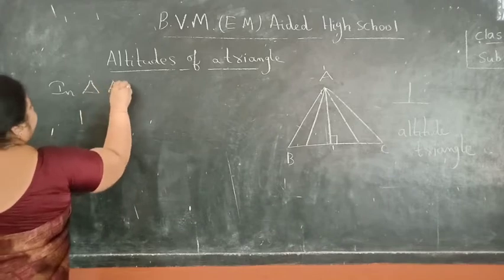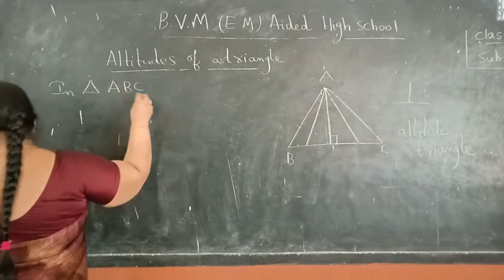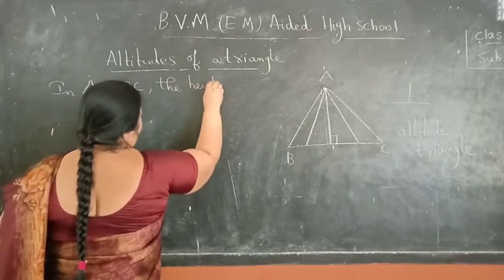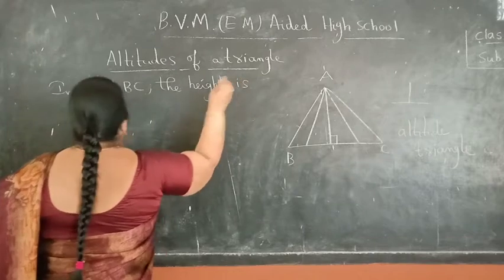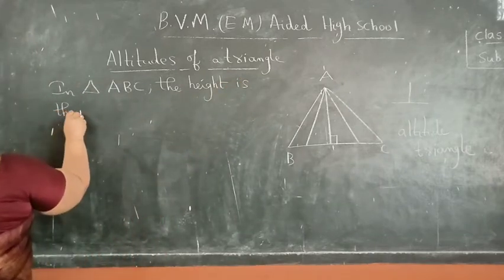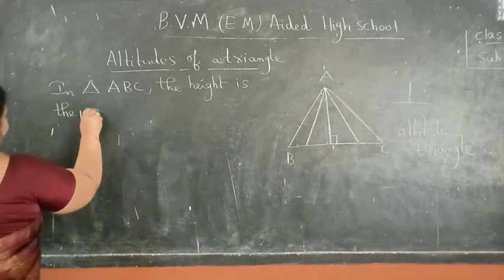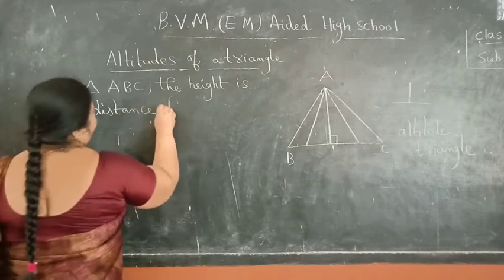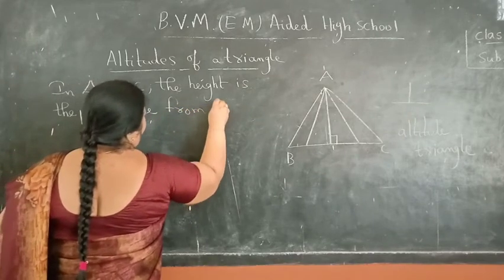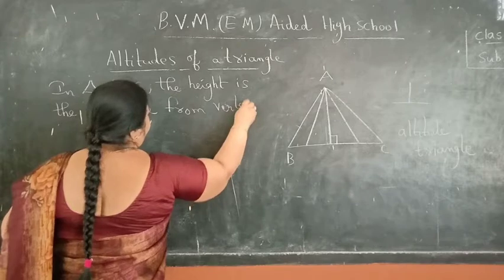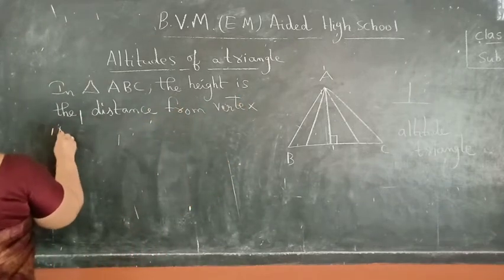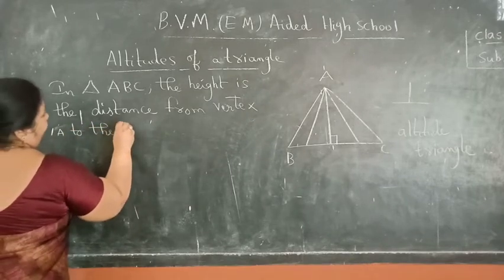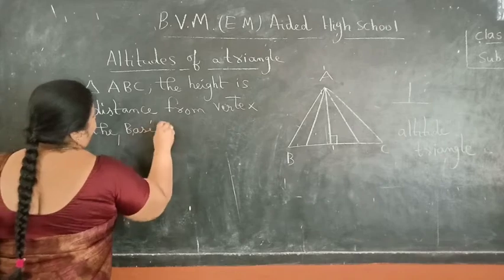In triangle ABC, the height is the distance from vertex A to the base BC.